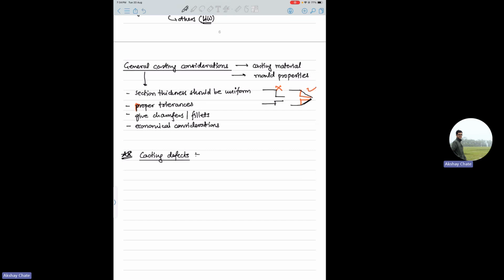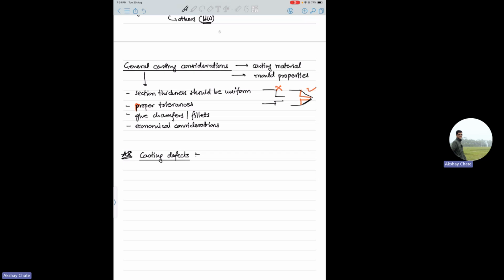Okay, so yeah, then there is some classification of casting defects.